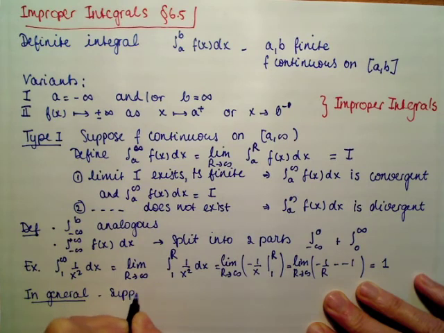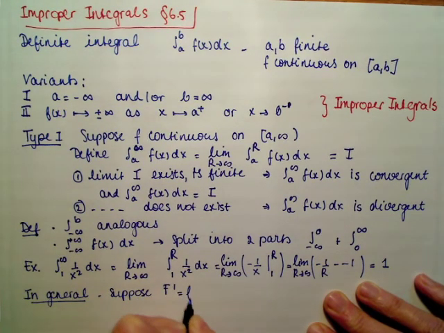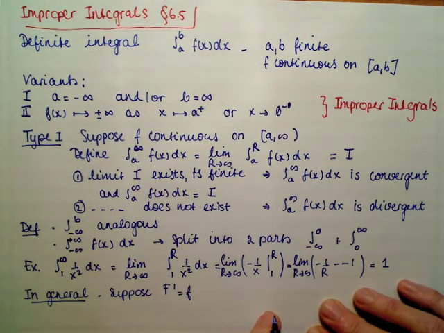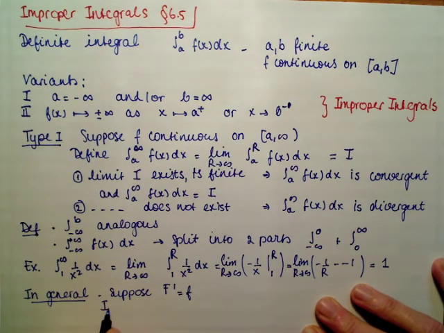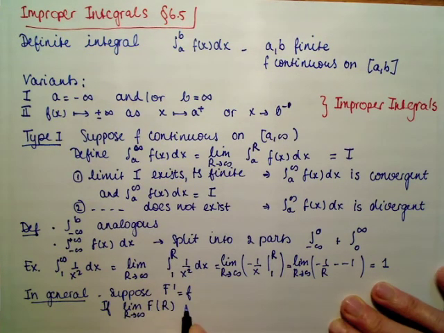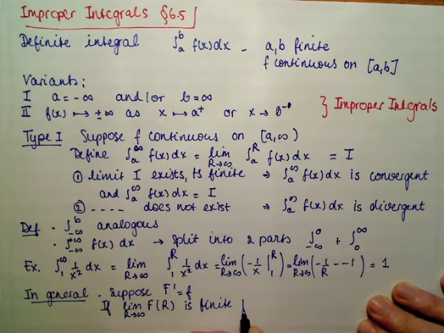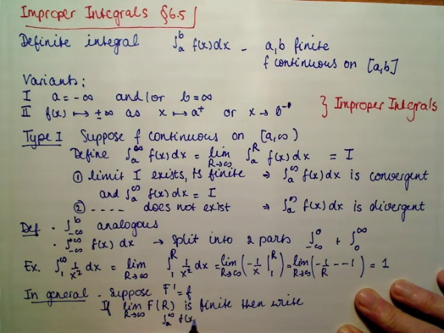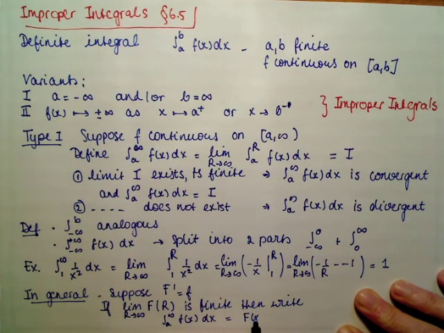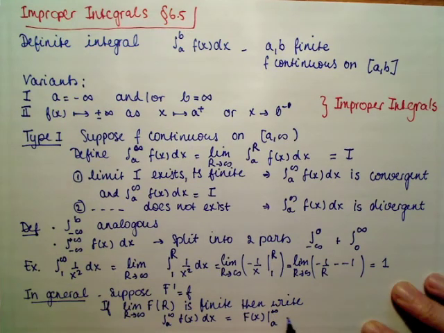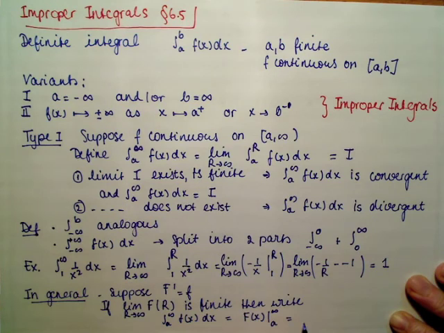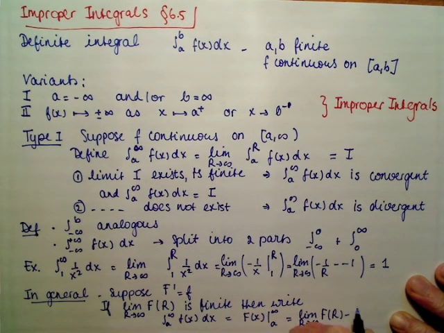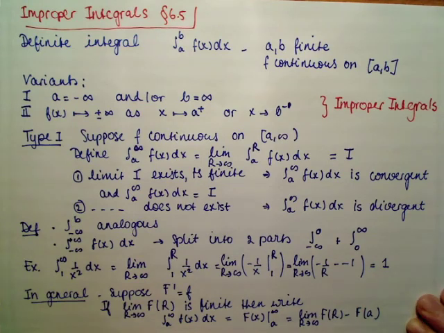We suppose that capital F is the primitive of little f, so capital F prime is equal to small f, and we just check that the limit for r to infinity of the function capital F evaluated at r is finite, and we write directly that this improper integral is equal to the value of capital F at the points a and infinity, where we in fact interpret the value at infinity simply as the limit for r to infinity of F of r, minus the value at a, and this is how you would generally write it.